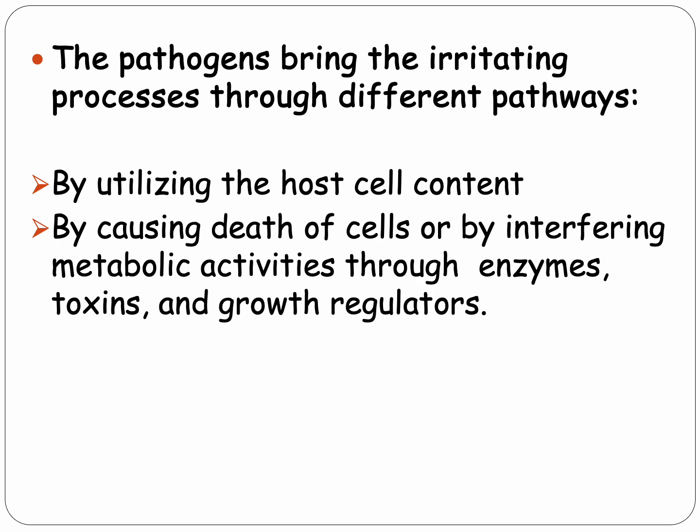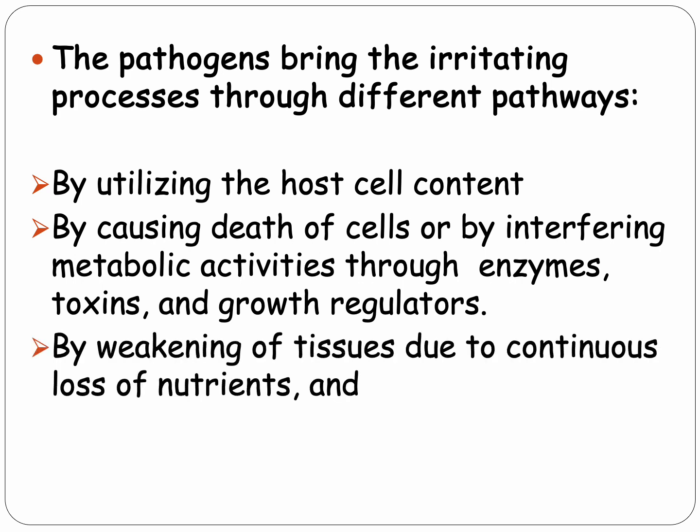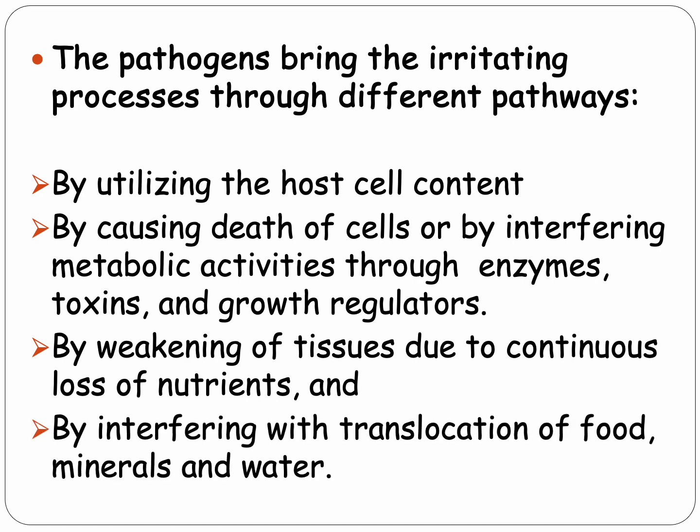By doing so, they interfere with the metabolic activities of the host crops, and thereby weaken the tissues due to the continuous loss of nutrients, and they also interfere with the translocation of food, minerals, and water. So by these four processes, a particular virulent pathogen brings irritation to a particular host.